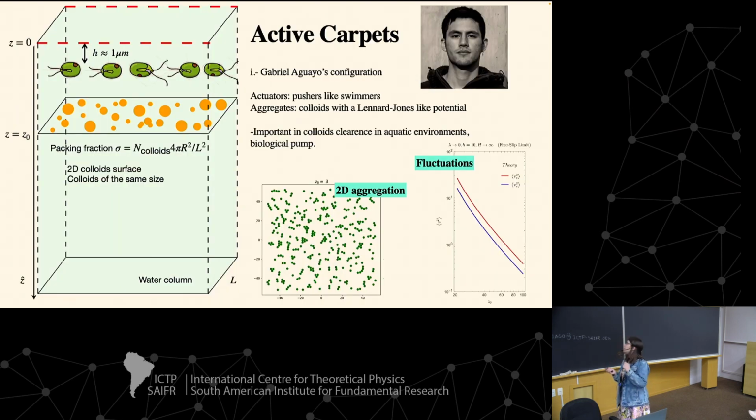And the last thing that we tried is that we put some tracer particles in a 2D carpet too, and we allow the colloidal or tracer particles to move only in 2D, and we studied the aggregation process in this case.